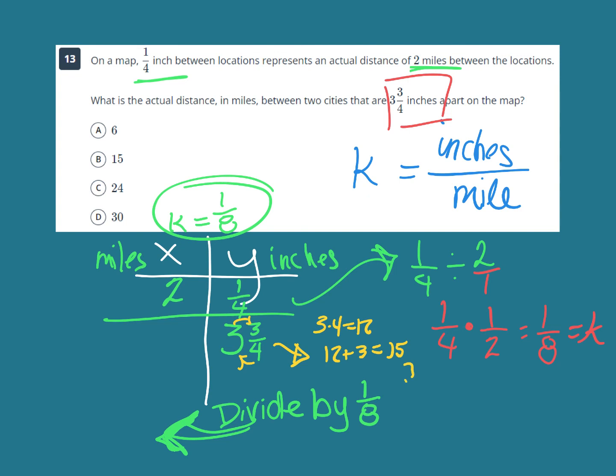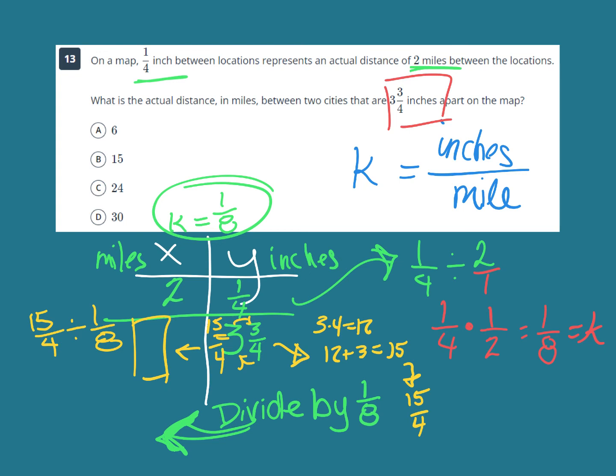So that gives me 15 over 4. This is also 15 over 4. So I have to go this way to figure out what goes here, right? So we've got 15 over 4 divided by 1/8.